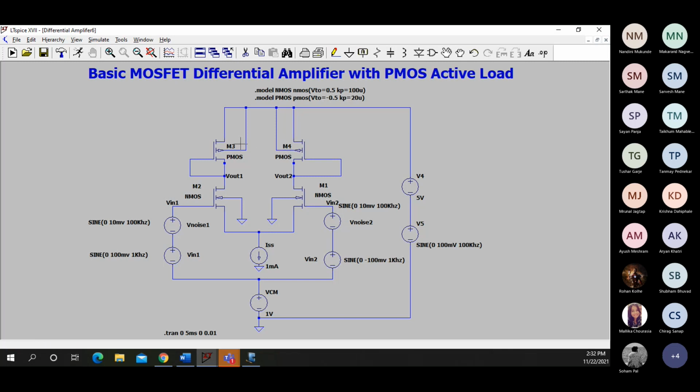Yes, post this circuit in the output, and from now onwards we will keep both the noise sources, that is power supply noise as well as input signal noise.